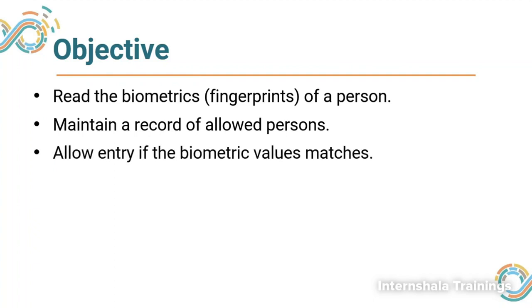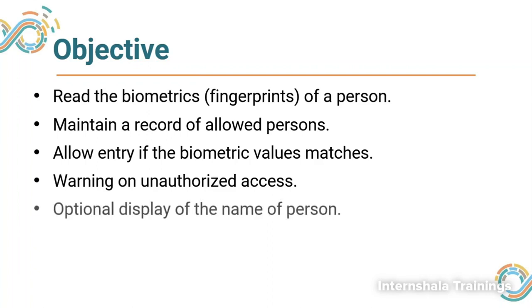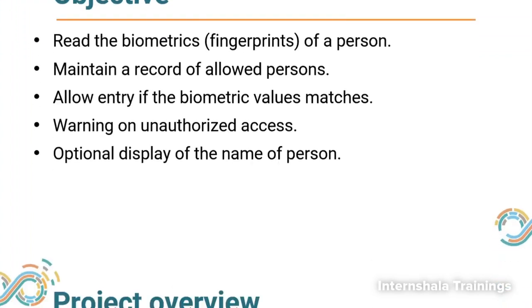We will allow the entry if the biometrics are matched. This can also be used for taking attendance. And if some unauthorized access is made, then we can generate some warnings. We can display that the identified person is person X.